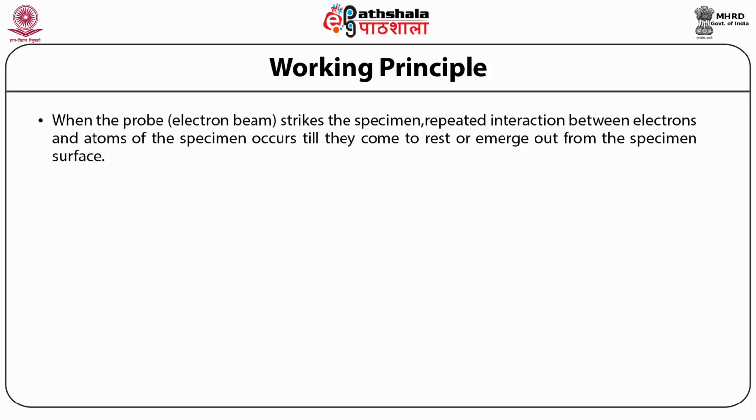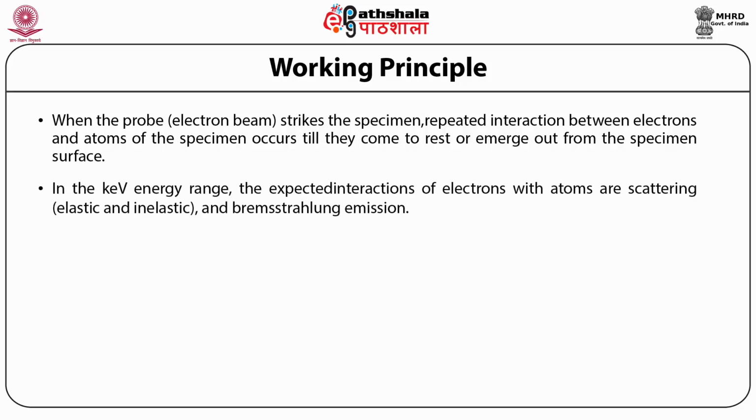When the probe or electron beam strikes the specimen, repeated interaction between electrons and atoms of the specimen occurs till they come to rest or emerge out from the specimen surface. In the kilo-electron-volt energy range, the expected interactions of electrons with atoms are scattering, either elastic or inelastic, and Bremsstrahlung emission.